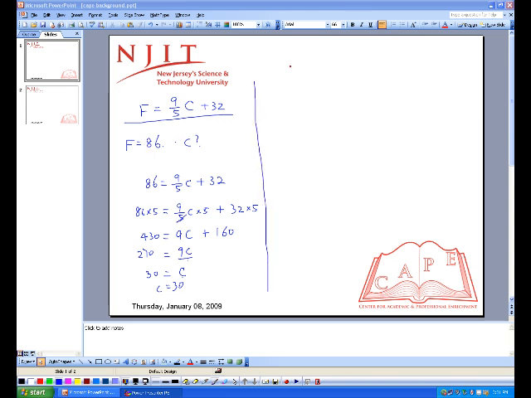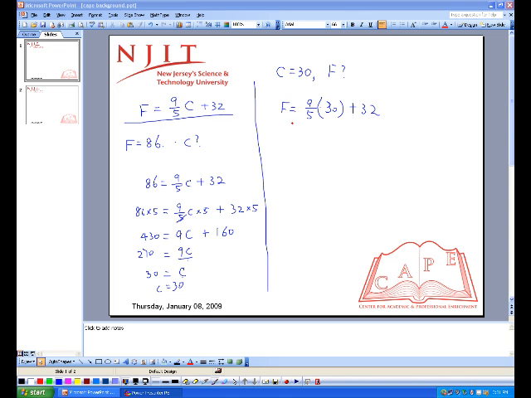Now let's say we know that Celsius is 30 degrees. Now what's Fahrenheit? Well, assume that we didn't know this before. Let's check that. Let's solve for Fahrenheit using the equation. We have F is equal to 9 over 5 times 30 plus 32.